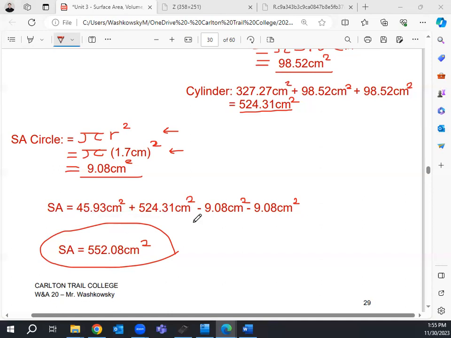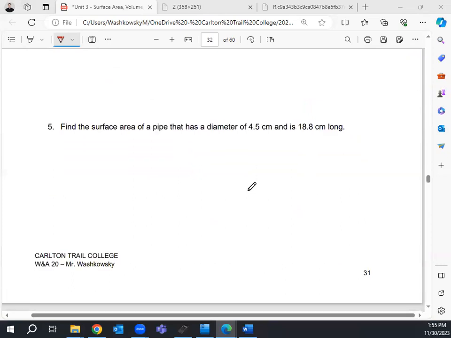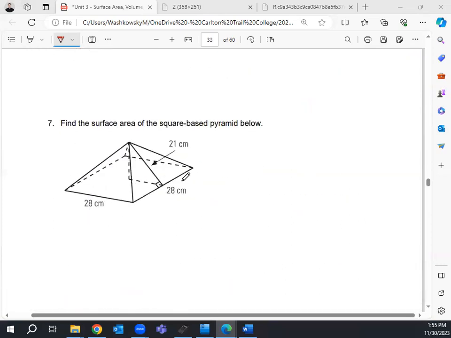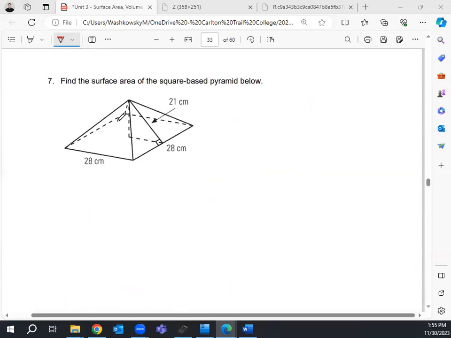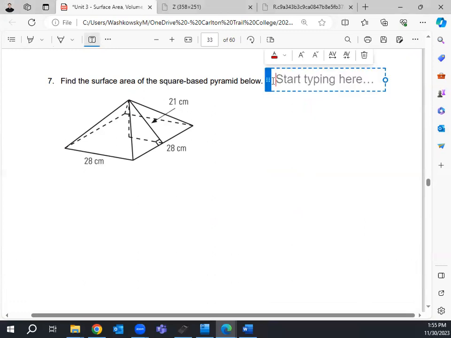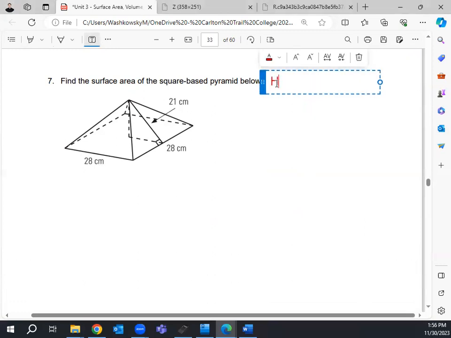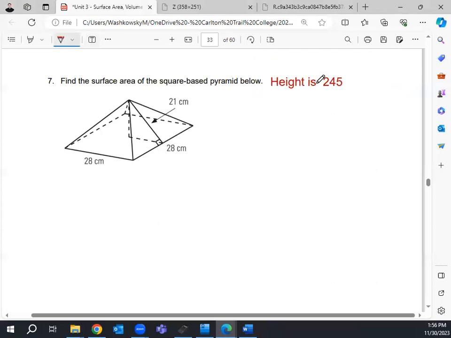So if you go on down to page 32. In this pyramid here, you see how there's this little true height there? The true height here. The height is the square root of 245 centimeters, I guess.